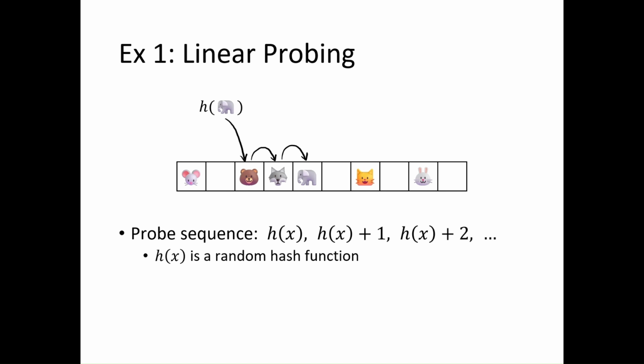As a result of this rule, when we query a key X, it will first probe h of x, and then h of x plus 1, and then plus 2, and so on. This sequence depends only on x, but not other things. So this satisfies the definition of a probe sequence, and therefore linear probing belongs to the class of classical open addressing.